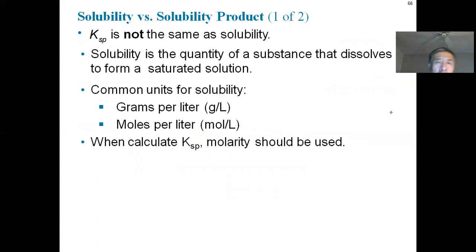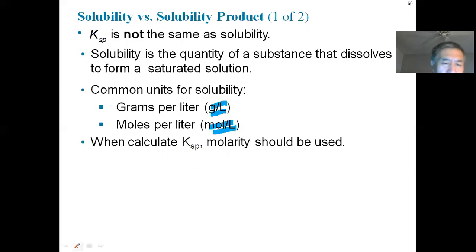All right, you have to keep in mind Ksp is not the same as solubility. Solubility here in CHM-116 refers to the quantity of a substance that dissolves to form a saturated solution. Commonly used units for solubility are grams per liter or moles per liter.